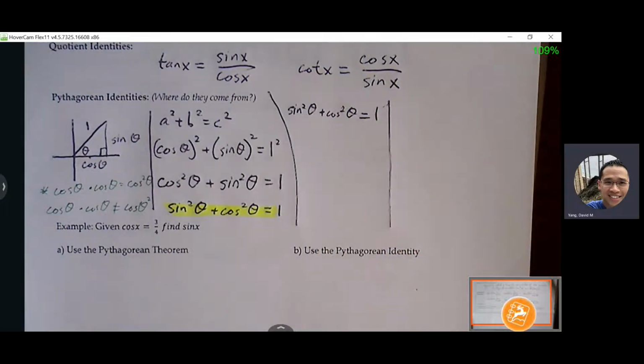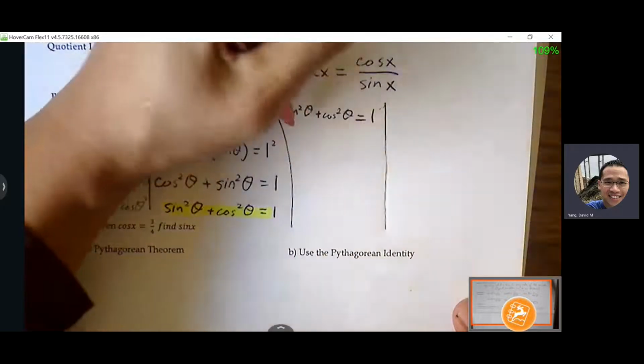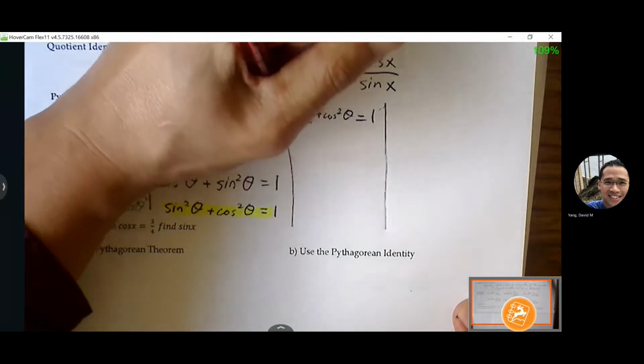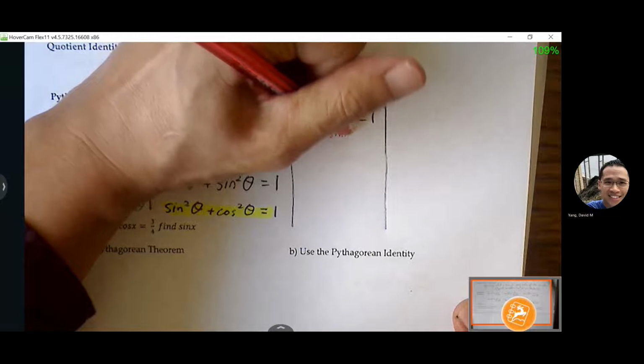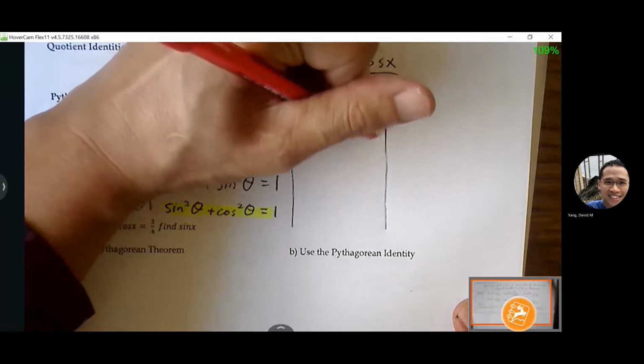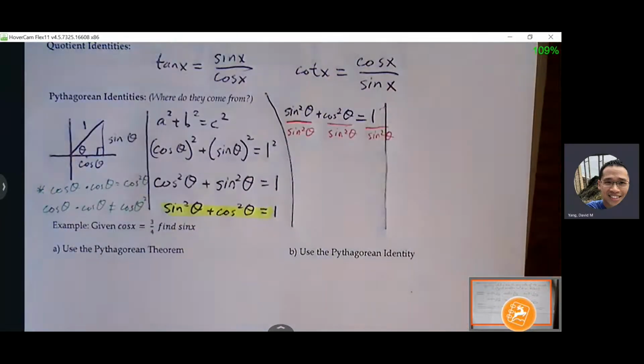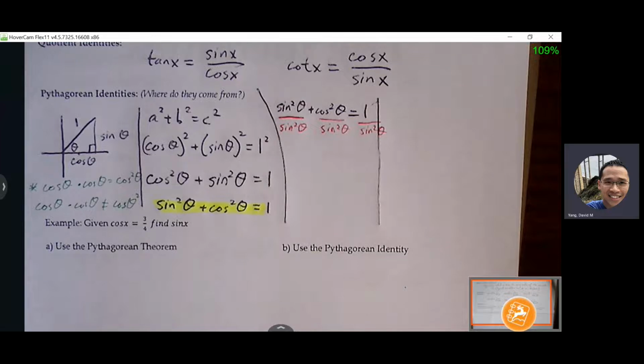And one of the identities is produced by just dividing by sine squared. So I'm going to take the identity that I already know. I'm going to divide everything by sine squared. And then what is going to result is going to be another identity that we're going to find very useful.